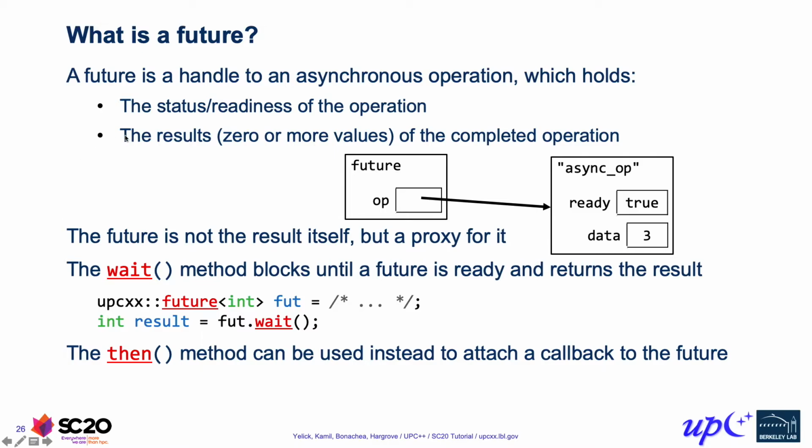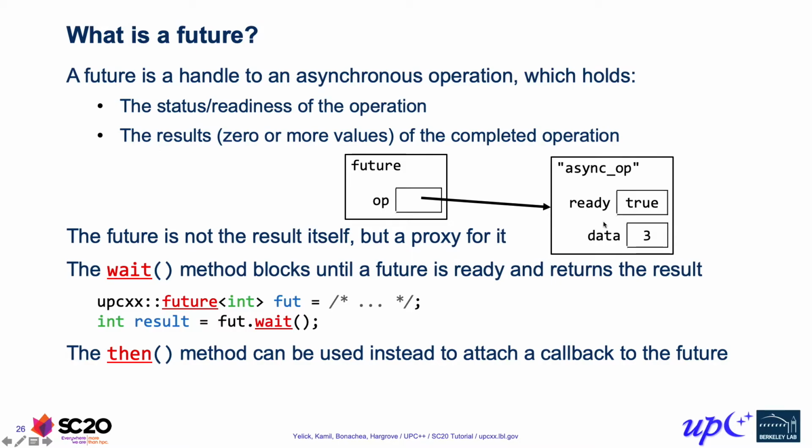Okay, a little bit more on a future. So in general, it represents the readiness of some operation as well as some resulting values. Okay, and again, this can be 0 or more, as we saw in the previous case when it was 0. Okay, so a future essentially contains a reference to some data structure representing the asynchronous operation, and so that data structure tracks two things: whether or not the operation is completed, and we see that with this ready bit over here.